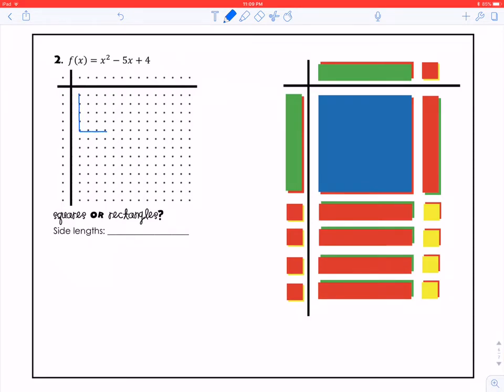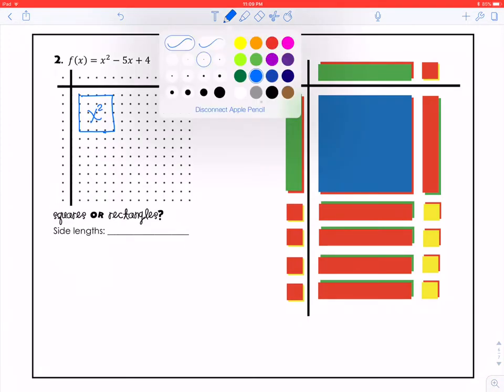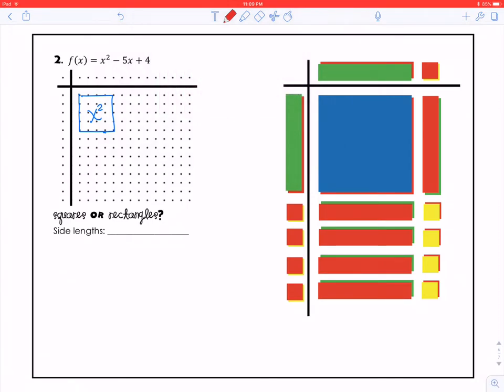You can use any size that you want for your shapes. I just used a 4x4 for my x squared because I know it's all going to fit. Alright, so it looks like we have one of our negative x's to the right and 4 down below.